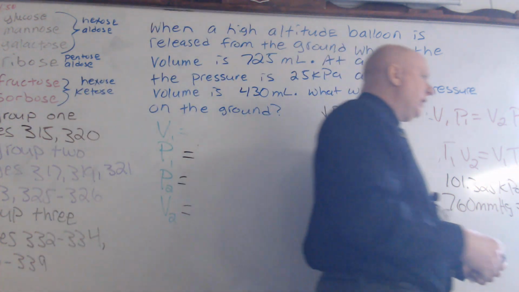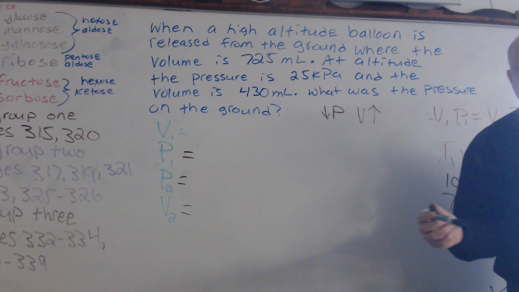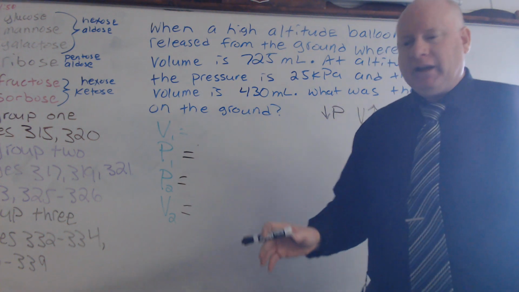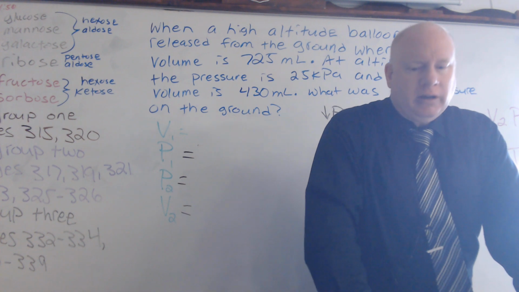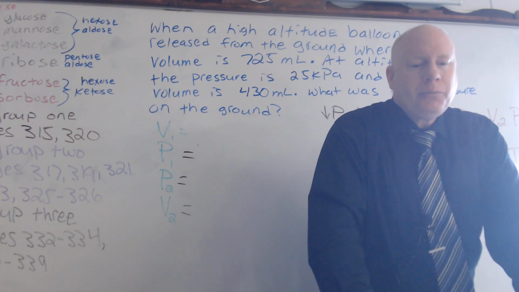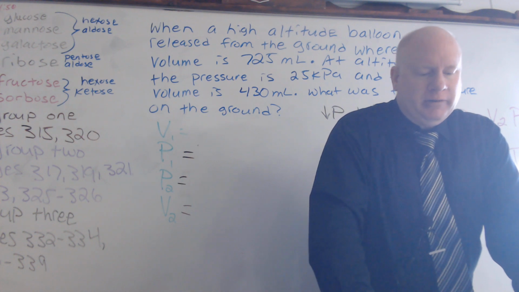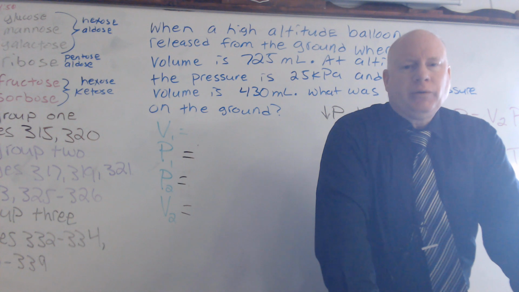For instance, if you park your car in the garage where it's nice and heated up, and we're going to say it's 70 degrees when you leave your residence and drive to school, where it's maybe 5 degrees outside, the volume isn't going to change much in your tires, but it's probably going to go down just a little bit.